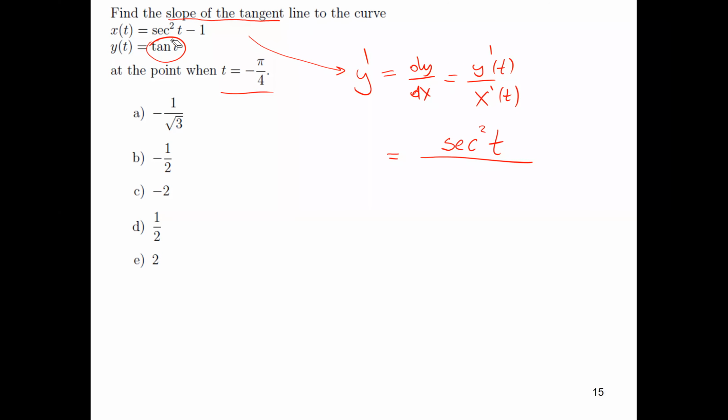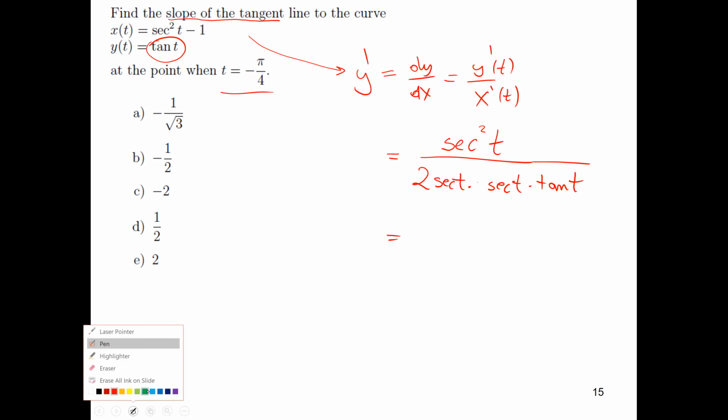That means secant squared of t. The derivative of secant squared of t will be 2 times secant, and following the chain rule, the derivative of secant is secant times tangent. And we can nicely see I can simplify, and the only value that stays is 2 times tangent.